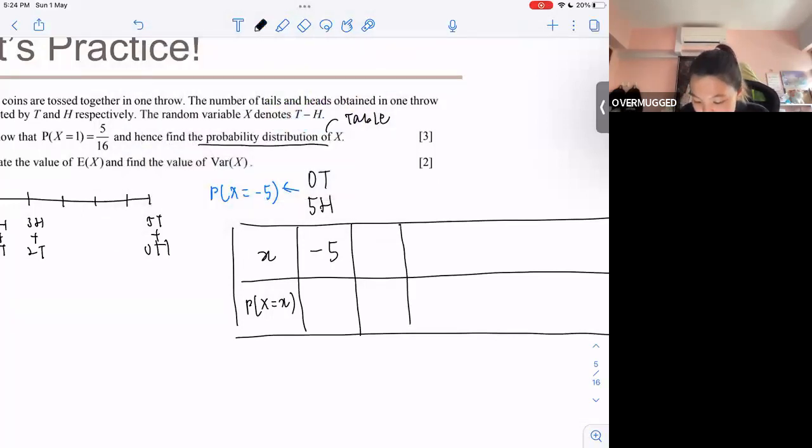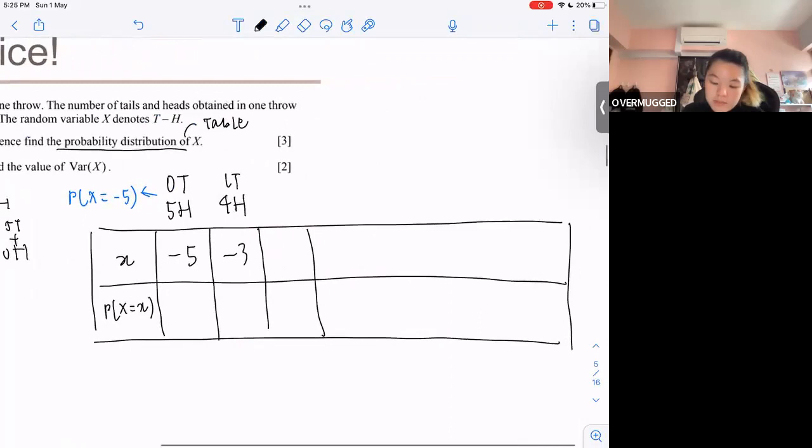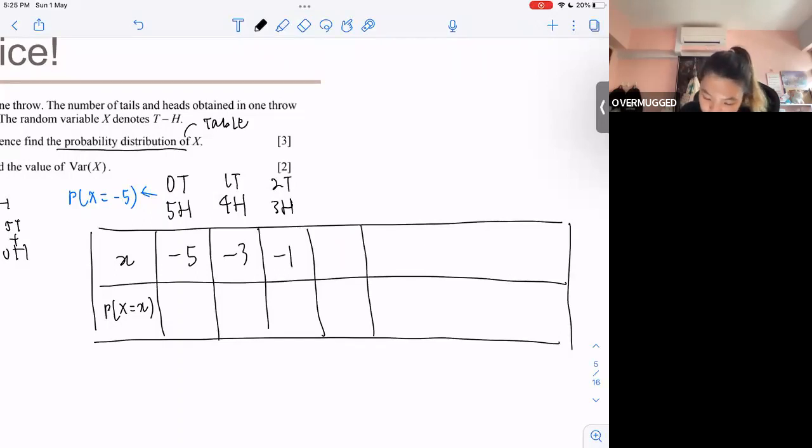Okay, another possible outcome would be what? If I get 1 tail, then that would be 4 heads. So 1 minus 4 would be minus 3. If I get 2 tails and 3 heads, that will give me a minus 1.